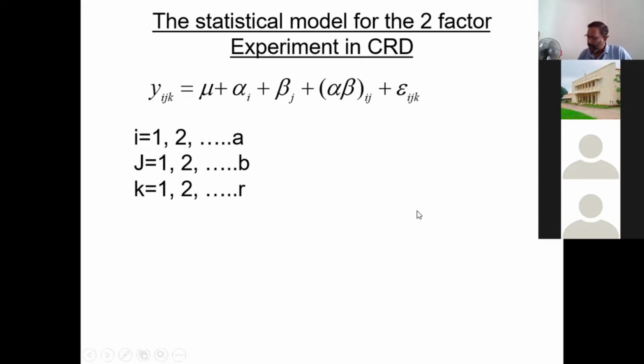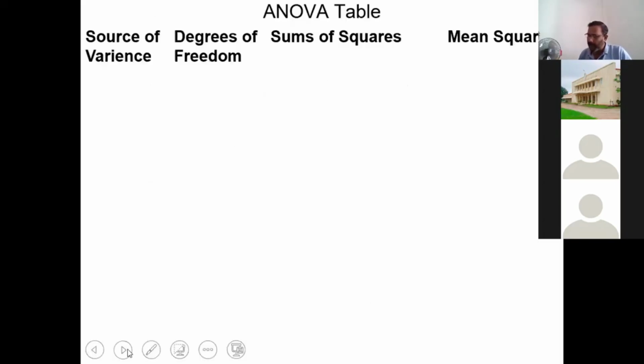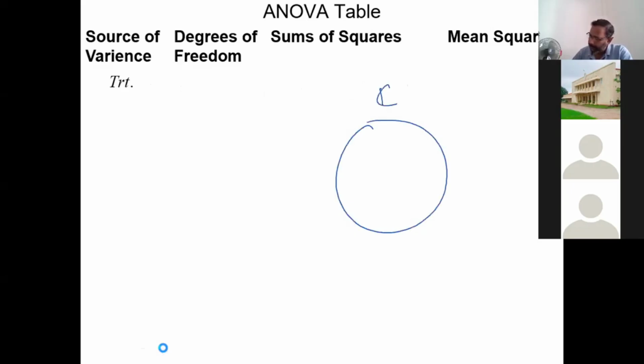Let's look at the ANOVA table. First one, can you remember in the CRD, completely randomized design, we said this component is due to treatment.